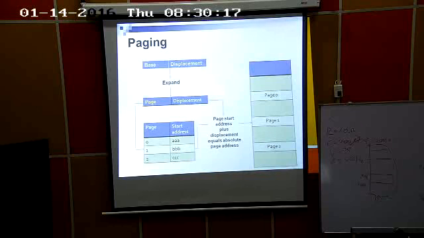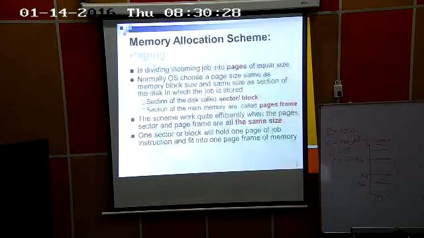Page start address plus displacement equals the absolute page address. It equals the complete address. One paging consists of page number and start address.